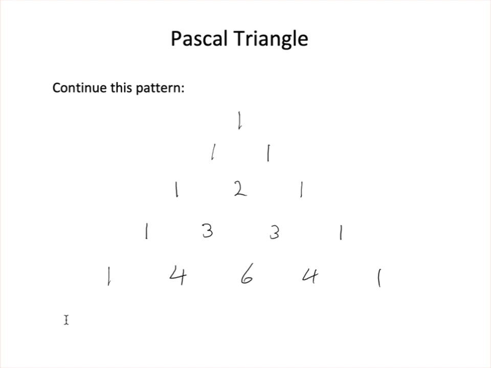We can continue this with more rows, and you can see each new row has one more number, and you have probably guessed what the next row would be. 1, 5, 10, 10, 5, 1, and this continues forever.